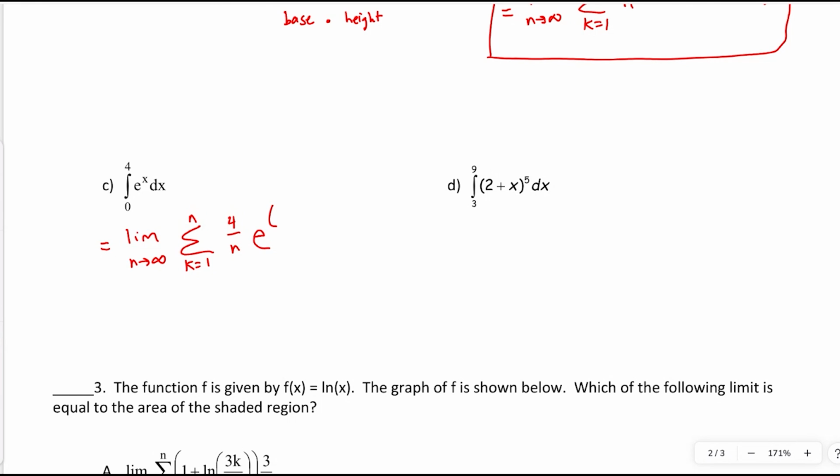If this were a multiple choice question, you wouldn't see the 0, but I'm going to write it there anyway, just so I'm consistent. 0 plus 4 over n times k. Again, normally you wouldn't see the 0 plus, but I'm writing it so you see that I didn't forget something. It's coming from this lower bound.